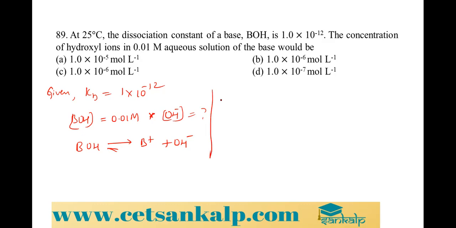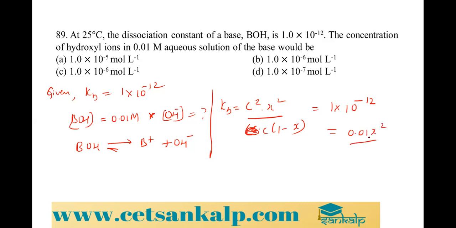BOH giving rise to B plus plus OH minus. So Kb value is equal to C square into X square whole divided by C into 1 minus X. That is equal to 1 into 10 to the power of minus 12. So 0.01 X square divided by 1 minus X. Okay, now? Right. So here ನೋಡೋಣಂತೆ alpha, 89 ಅಲ್ವಾ.